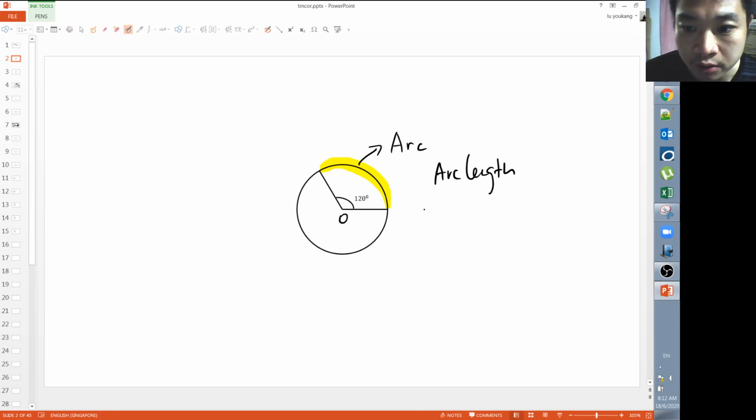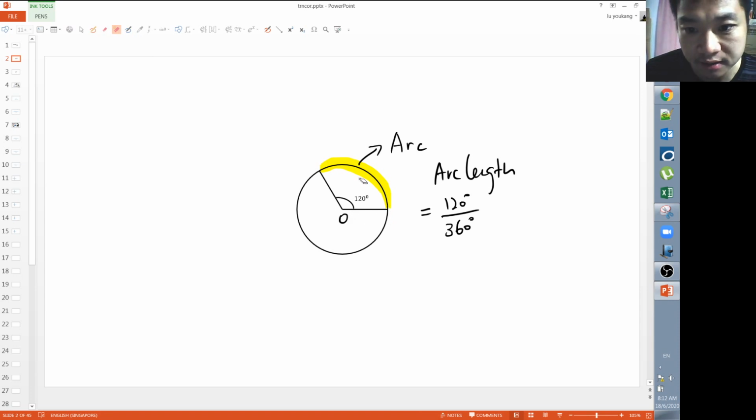Okay, so in terms of the entire circumference of the circle, the arc length actually takes 120 degrees out of 360 degrees, because one round here is 360 degrees.